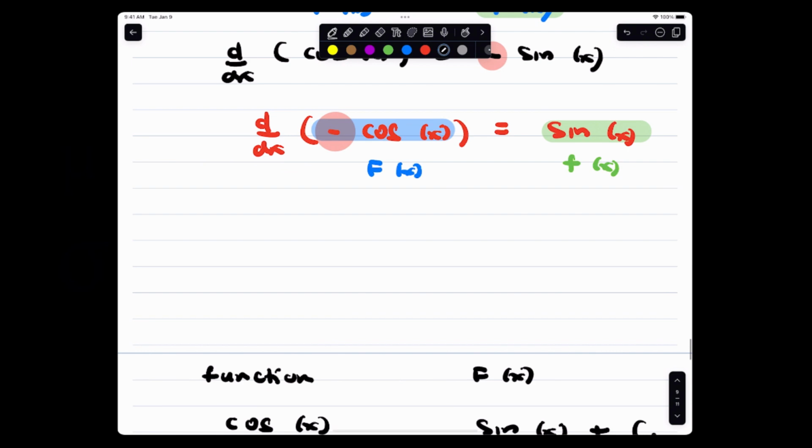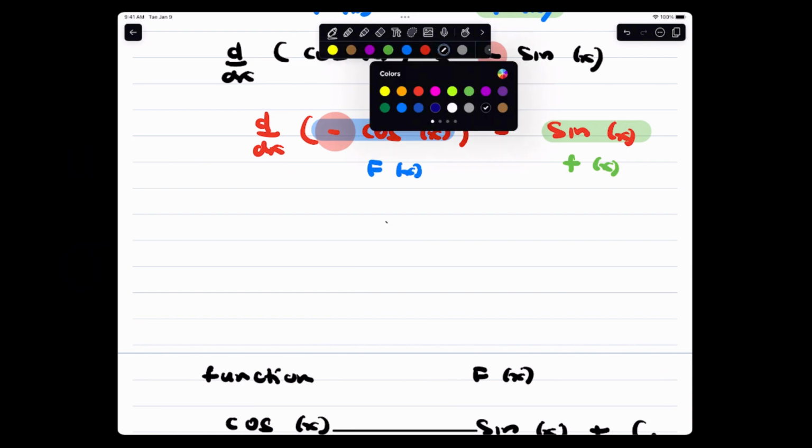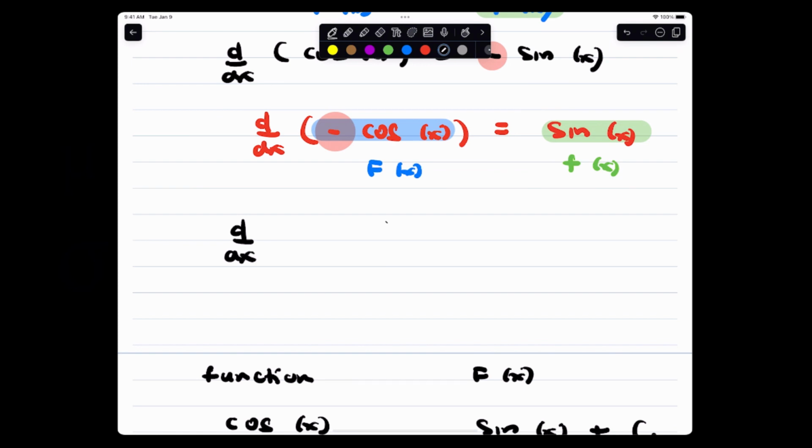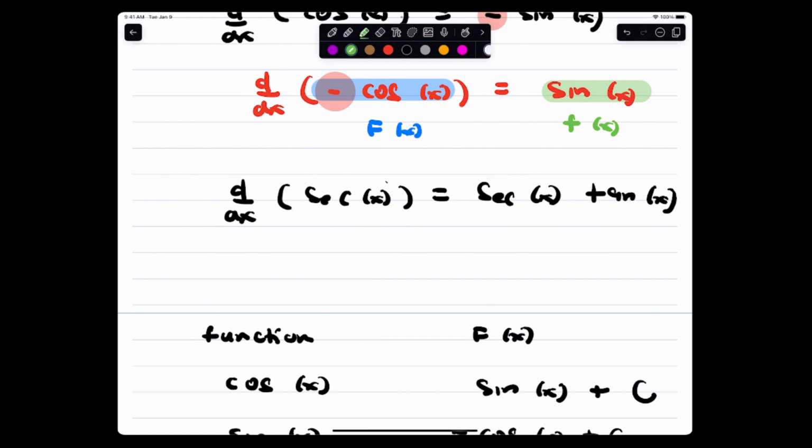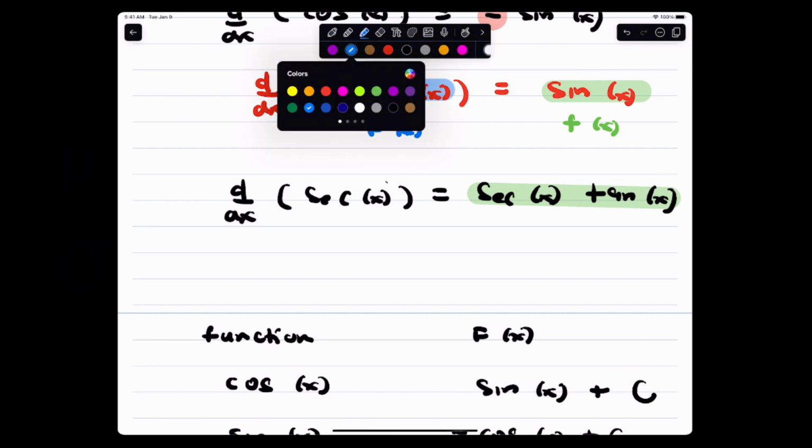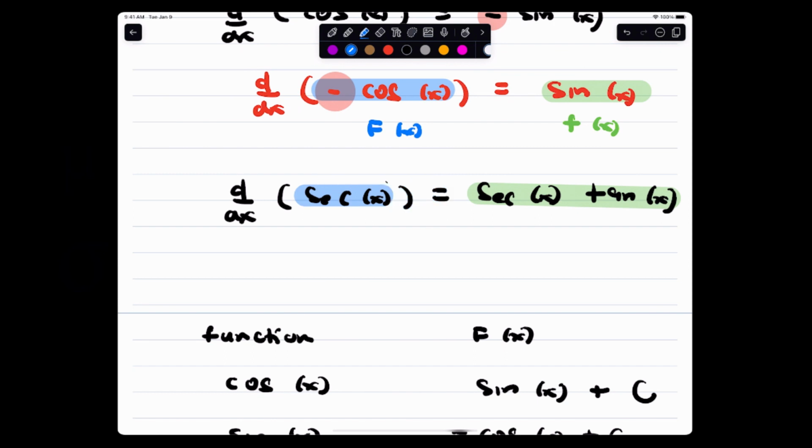And then what's the derivative of secant? Isn't that secant tangent? Is that true? Mm-hmm. So here is the function f, little f. And then here's your antiderivative what? Big F. So when the function is secant tangent, only when it's secant tangent, the antiderivative is secant.